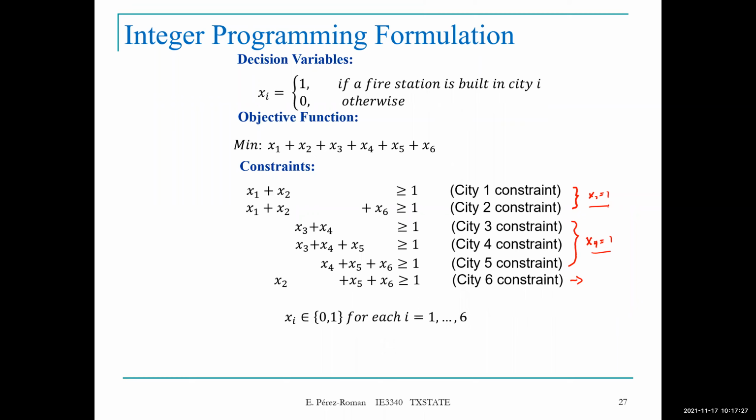Can you get the optimal solution from this? Can you find the minimal number of fire stations by just looking at these constraints? X1 equal to 1 means that you're placing the fire station in city number 1.